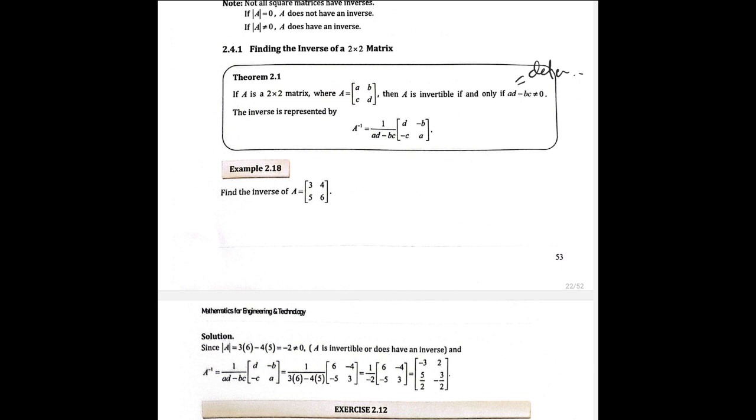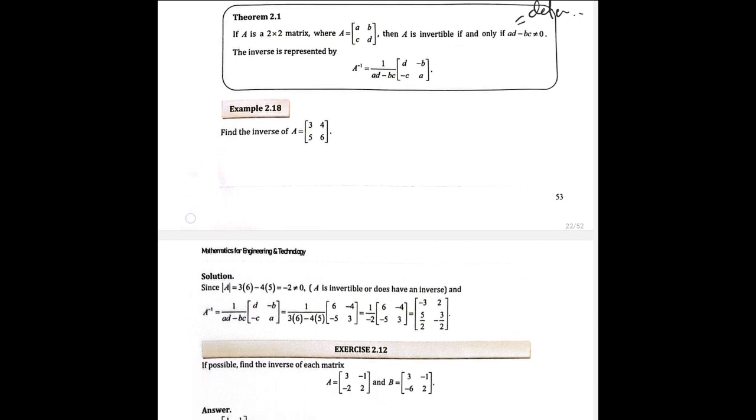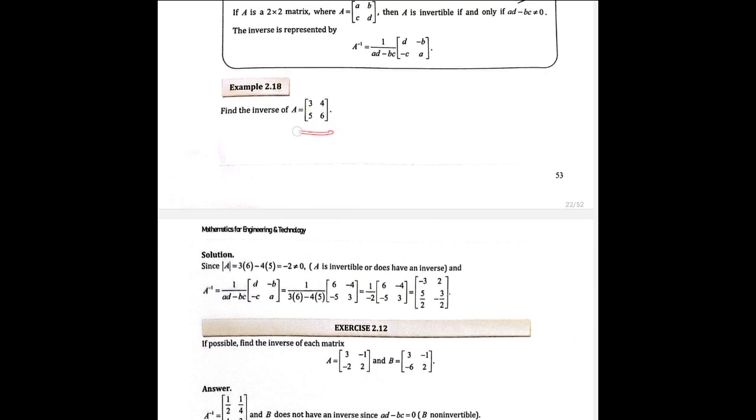So let's look at this example. Find the inverse of [3, 4; 5, 6]. First we check its determinant. 3 times 6 minus 4 times 5 gives us -2, which is not equal to 0.